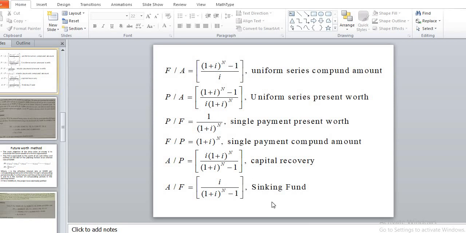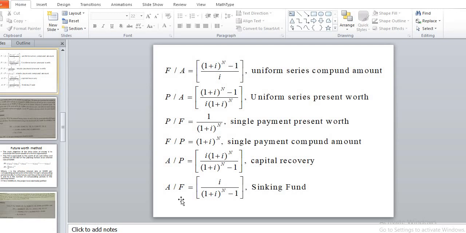The capital recovery and sinking fund factors can be calculated by the formula i times (1 plus i) raised to n, divided by (1 plus i) raised to n minus 1. These formulas and their derivation were discussed in the time value of money chapter, so we use the factors directly in this example.